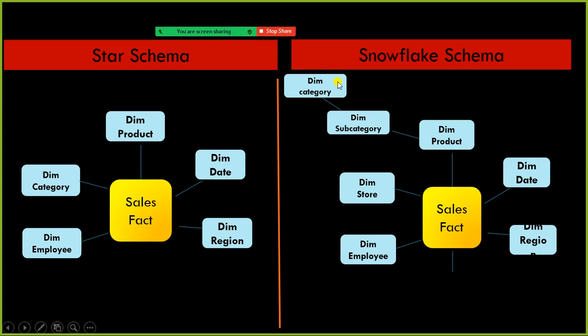So in general, we go by star schema. Even if you land up with a situation like this, we do some kind of denormalization. We combine everything in a single table so that it doesn't require joining multiple tables. This way we can make sure that the query performance is better.